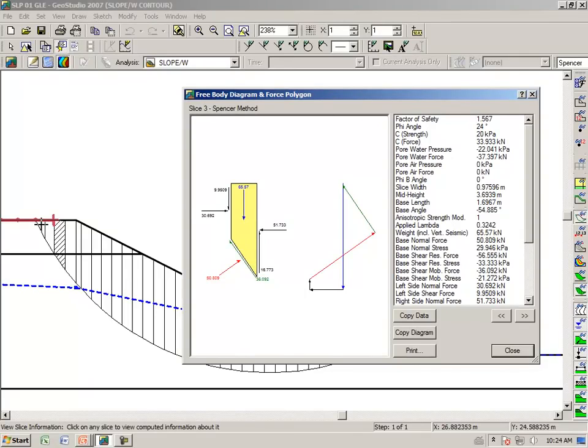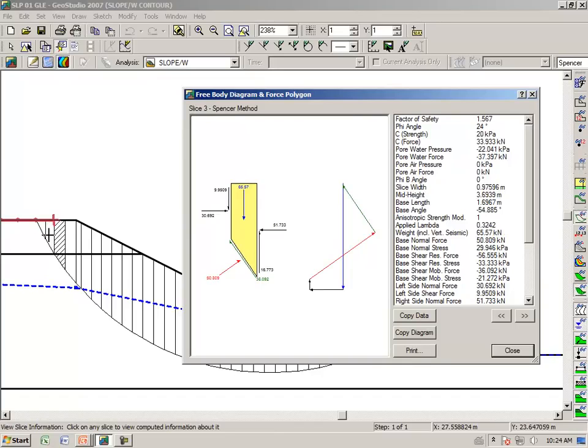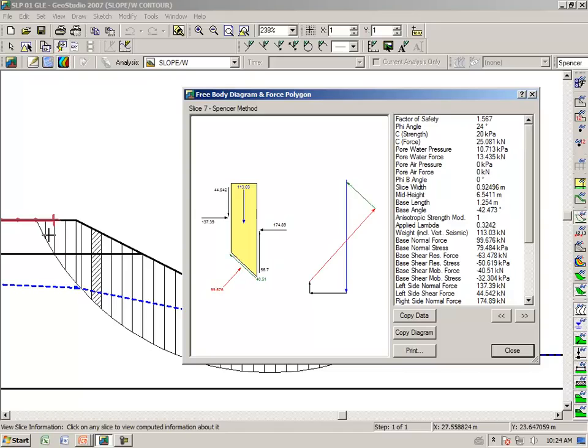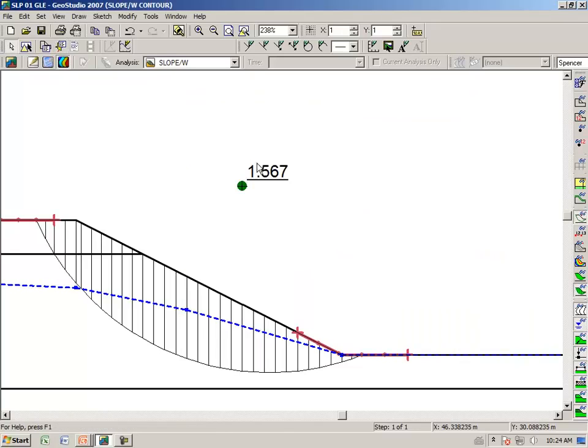If we click on the first slice at the crest, with the down arrow, or with the arrow to the left, you can look at the forces on each slice.